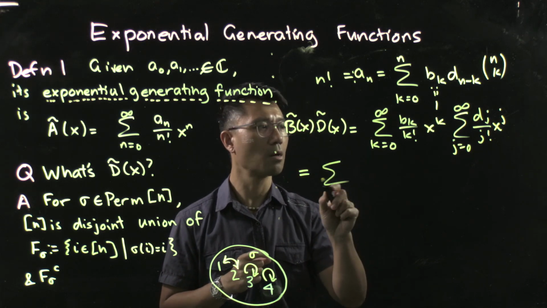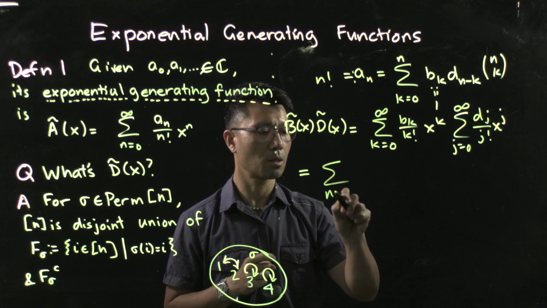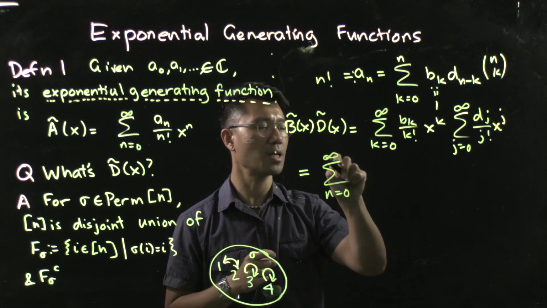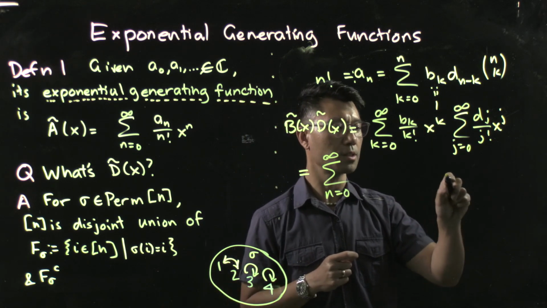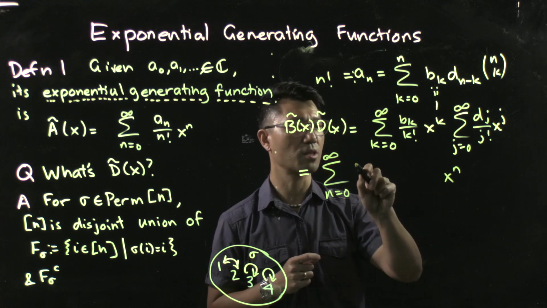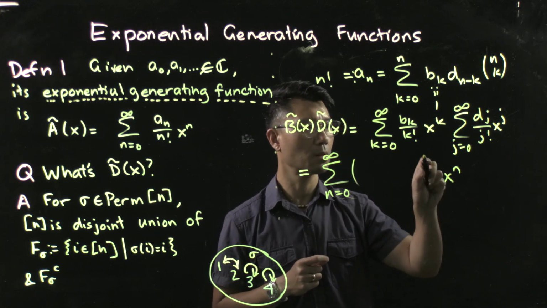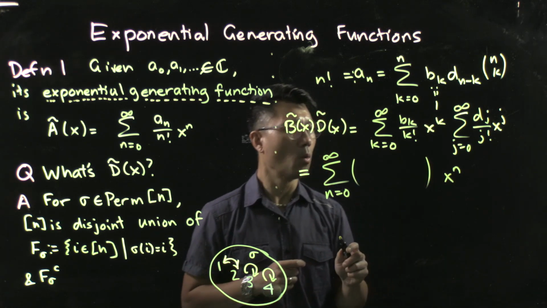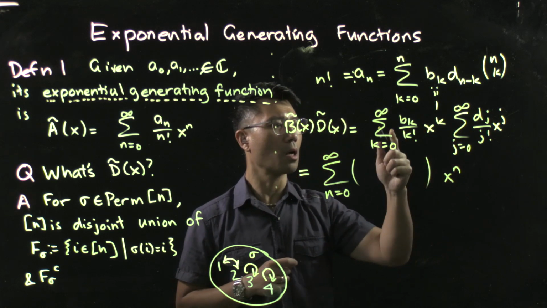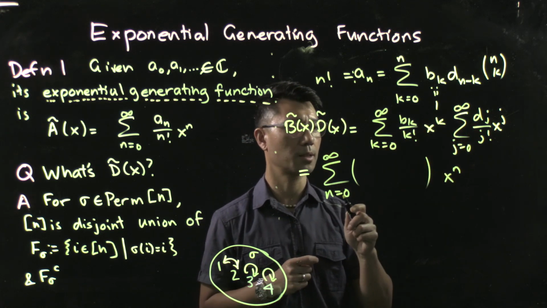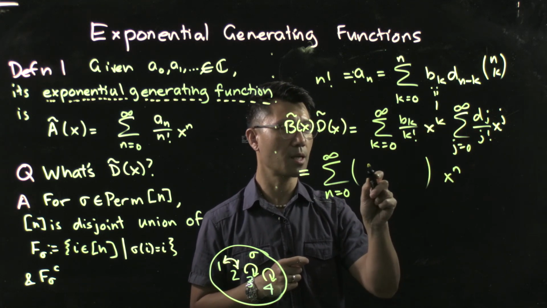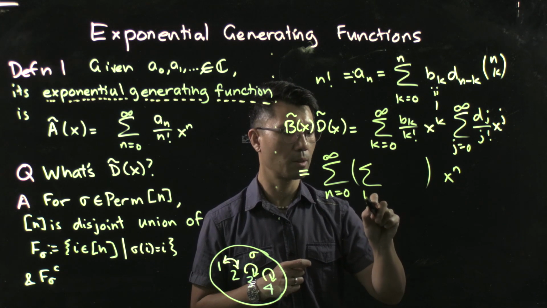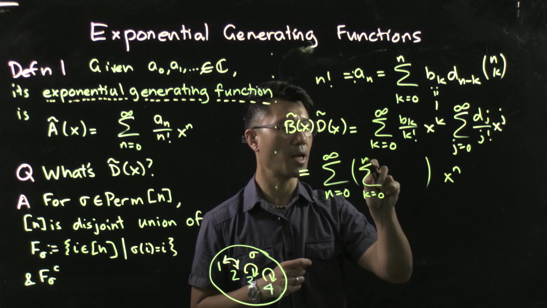So that's a sum from n equals 0 to infinity of, well, it's a power series, so what's the coefficient of x to the n? Well, you use the Cauchy product formula. It's going to be the sum from k equals 0 up to n.